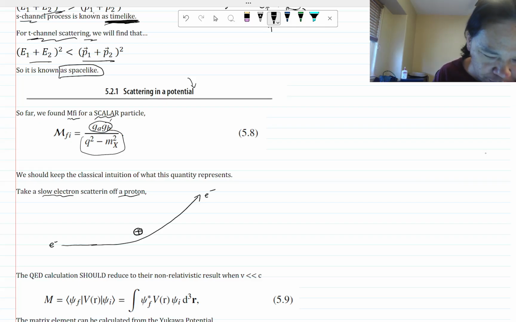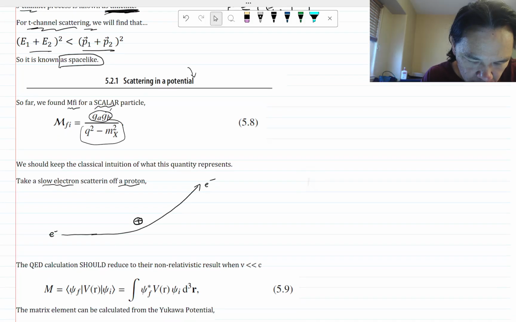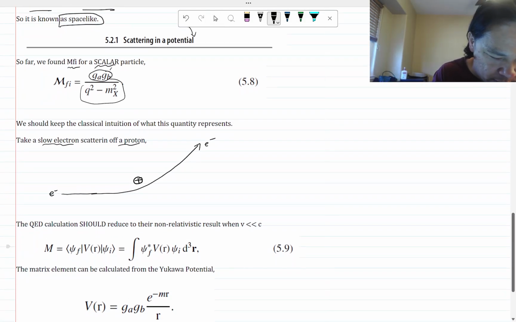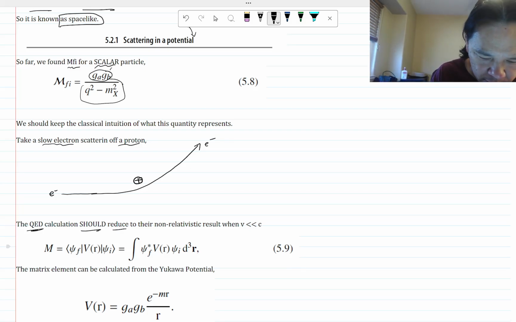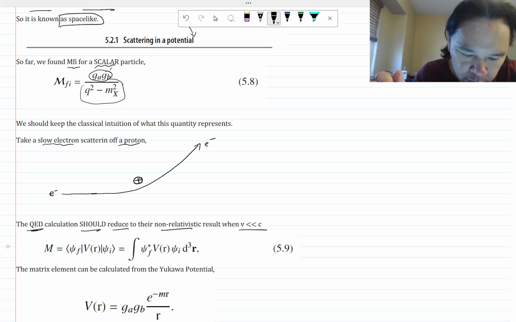So in the calculations we're doing, quantum electrodynamics, it should reduce to the non-relativistic result. Non-relativistic means the speed of that particle is much less than the speed of light, which is what you usually see in classical mechanics.